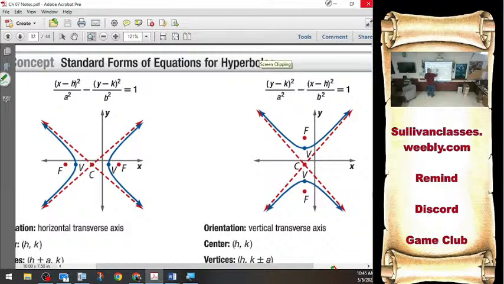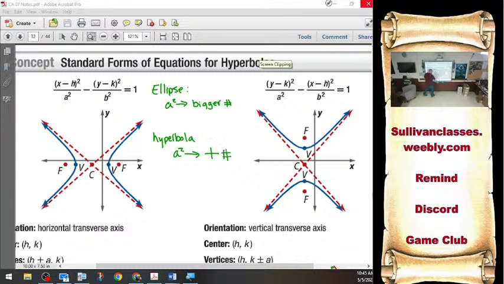In an ellipse, A squared was the larger denominator. But in a hyperbola, A squared is just the positive denominator. Your A squared can be smaller than B squared.